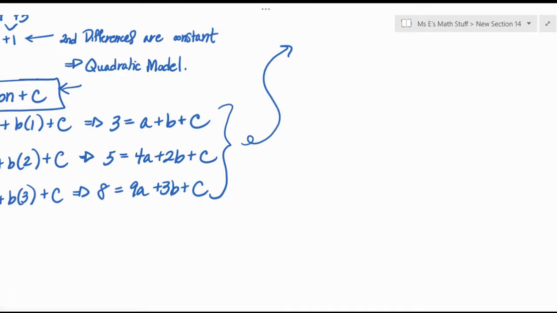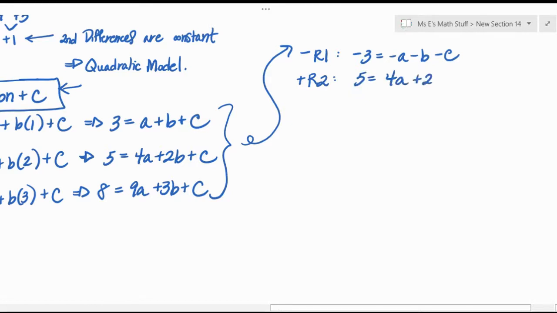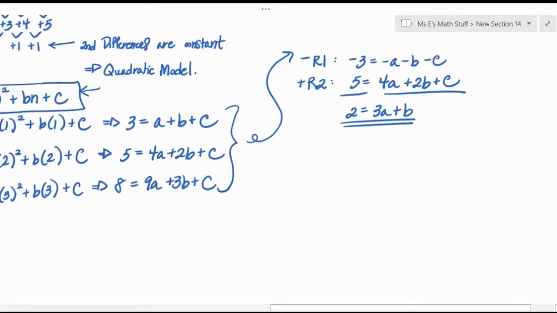So I'm going to blend row 1 and row 2. I'm going to take the opposite of row 1 and add it to row 2. And notice that the c's will get eliminated here. I'll just double underline it so that I know to come back to it.